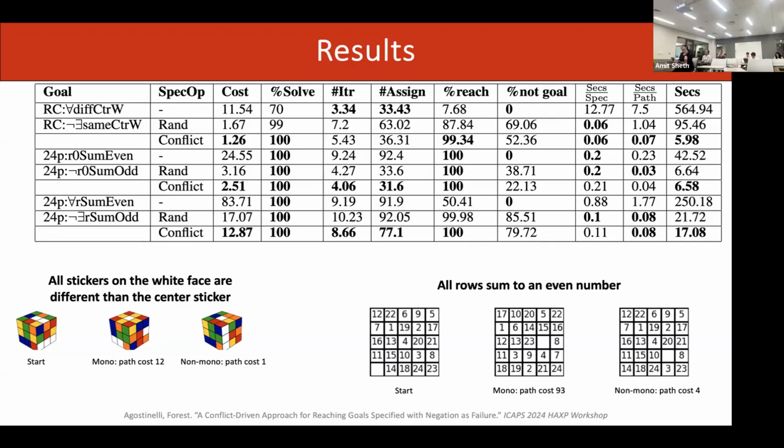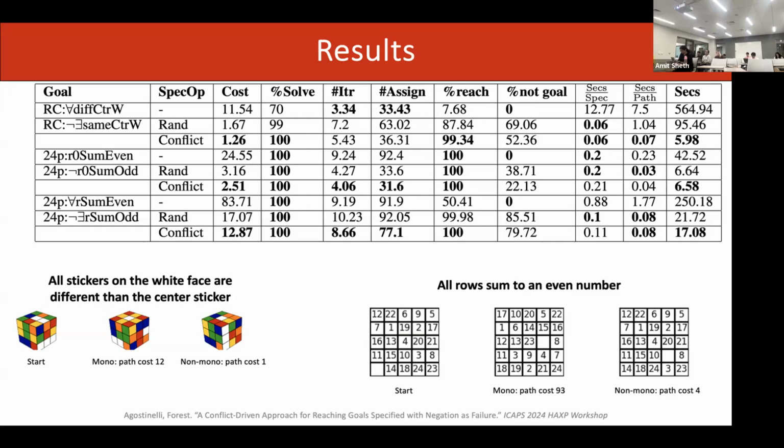Now, the problem with this is that in order to specify this as a goal, I have to find assignments of values to these 9 stickers. So I have to actually go search, solve that problem, find assignments of values, but not all of them are even going to be possible for me to reach. I could specify something that's impossible for me to reach. And so this takes a lot longer and results in you finding a lot higher path costs.